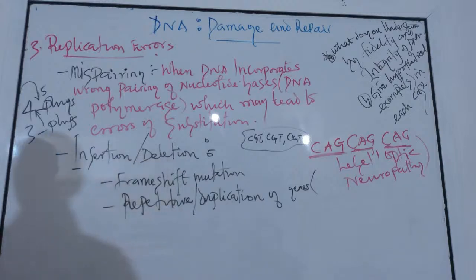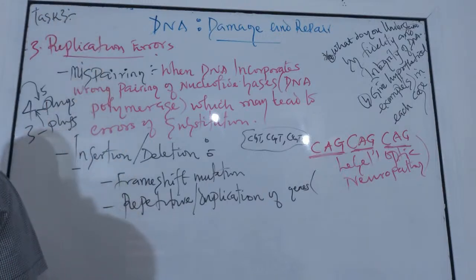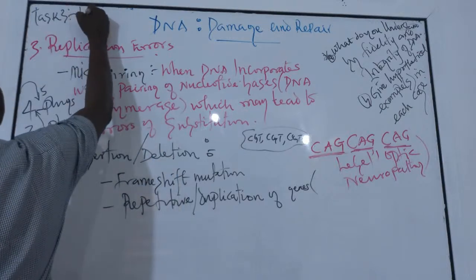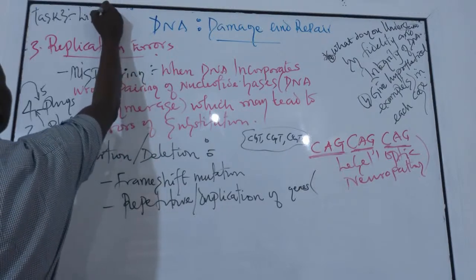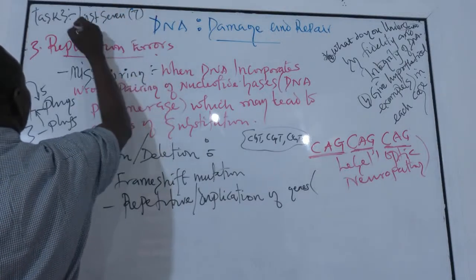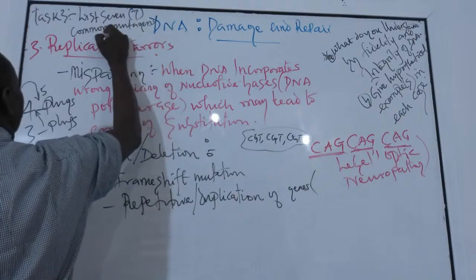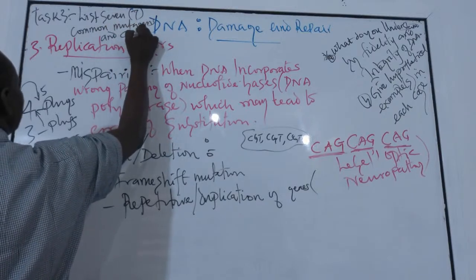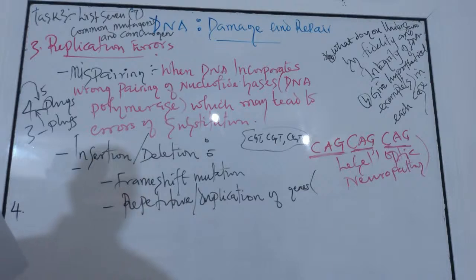Okay, so finally, the task 3 today is that you should list seven common mutagens and carcinogens that are very common in your area.